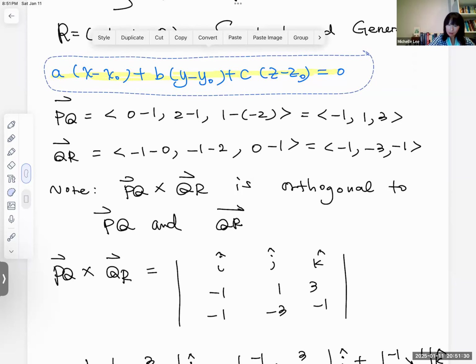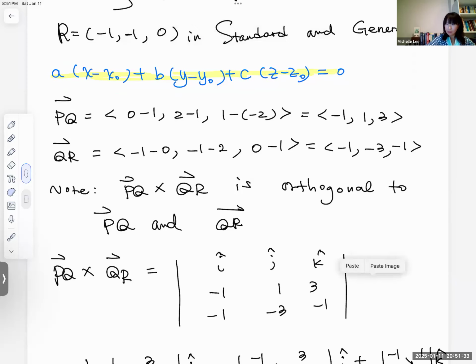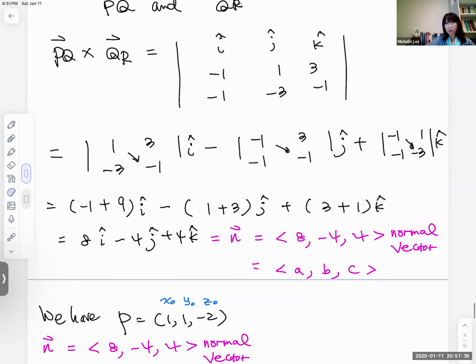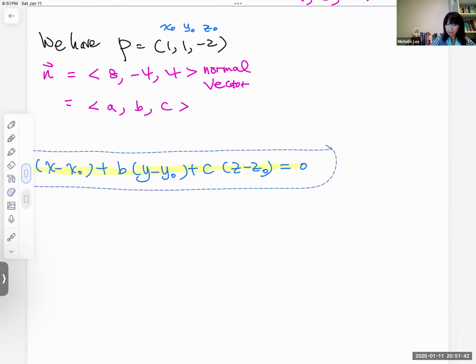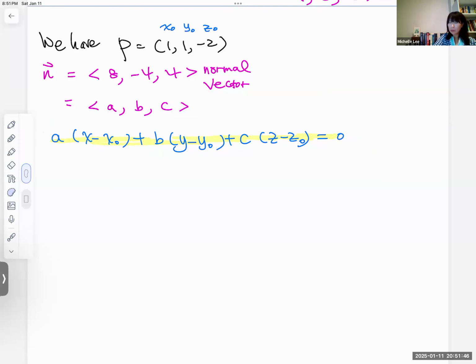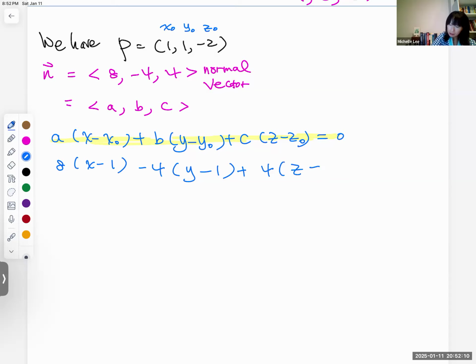Okay. So that will be 8 times x minus 1, plus negative 4 times y minus 1, plus 4 times z minus 2.